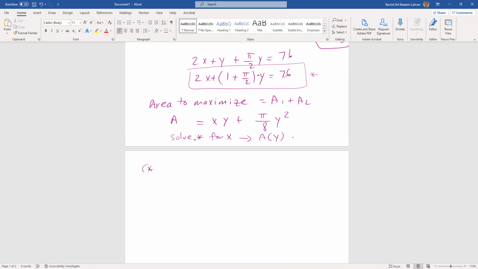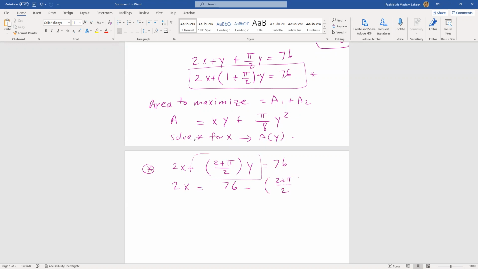So let's go back to the start. It's going to be 2x. And let's also put this together. So we put 1/2 over 1/2, so 1 over 1, 2 times. So 2 plus pi over 2. If you do the common denominator, it's going to be 76. So let's subtract this quantity here, and it's going to be 76 minus.